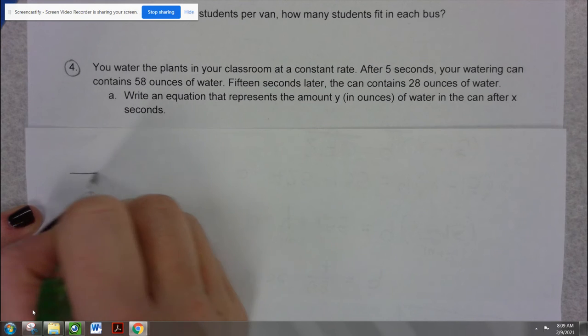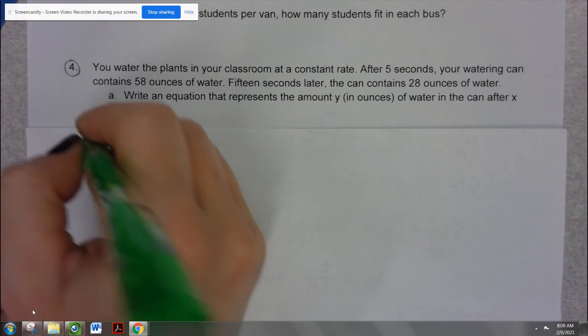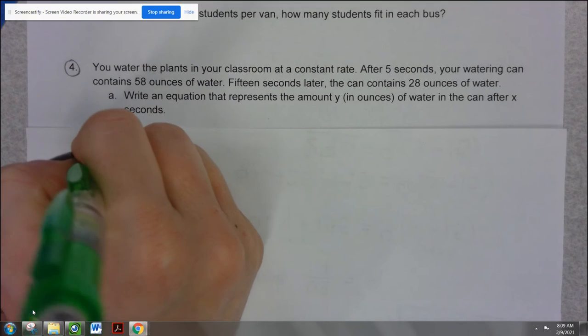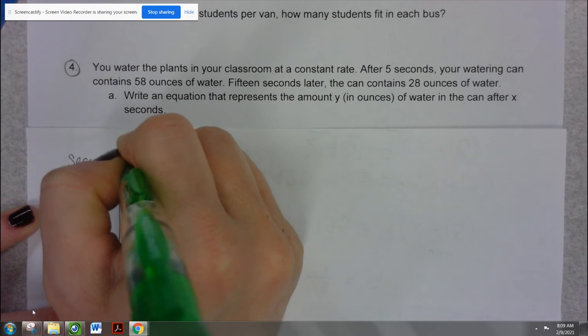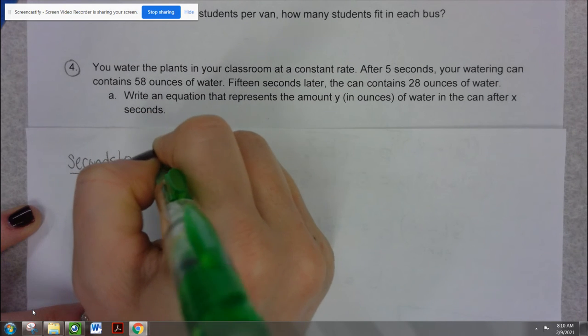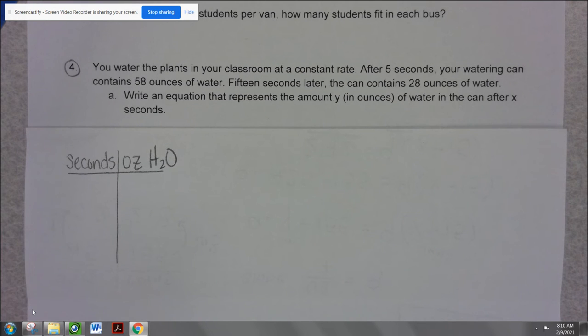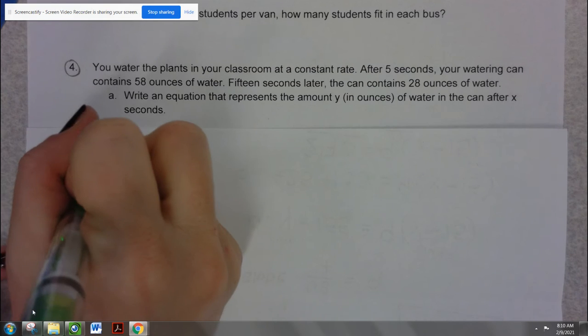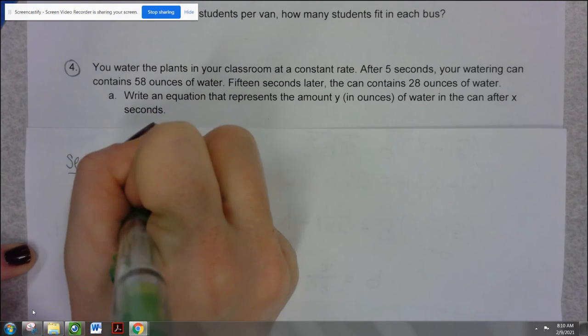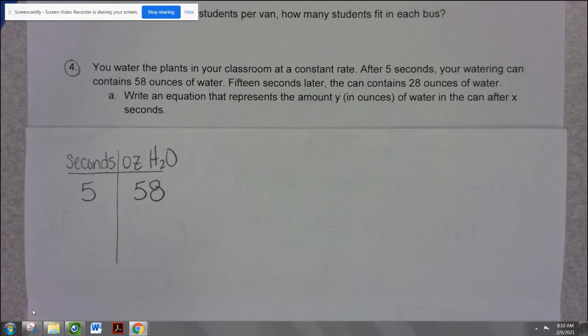So I have the number of seconds and the number of ounces of water left in our watering can. So after 5 seconds, I have 58 ounces of water.